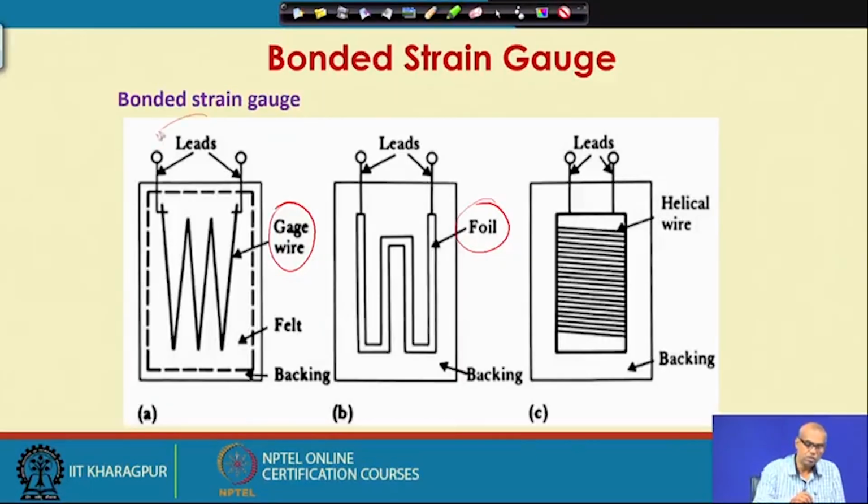These are the leads of this gauge wire. These are the leads of this foil. These leads will be connected to the arm of Wheatstone bridge. Here the gauge wire is wound like a helical.